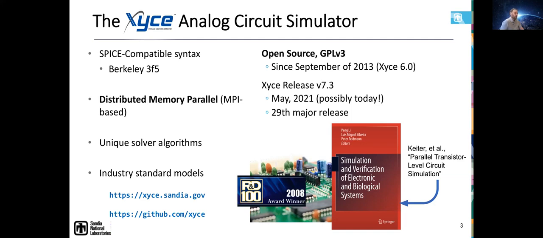There was a very common lore within Sandia that if you wanted a code that performed well in parallel, you really had to design it from scratch to be a parallel code. If you took an old code like SPICE 3 and hacked it to run in parallel, you could probably get a little speed up out of it, but you couldn't get great scaling. So that's why we wrote it from scratch ourselves.